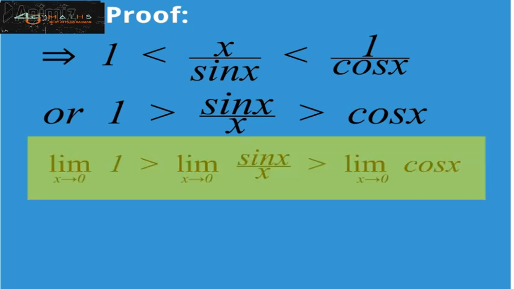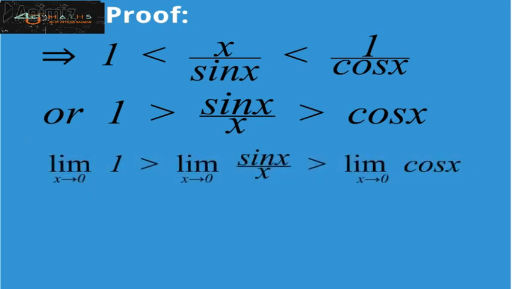As the left extreme side of this inequality contains a constant function, limit x goes to 0, 1 is equal to 1, while the right extreme side contains a cosine function. So limit x goes to 0, cosine of x gives 1.